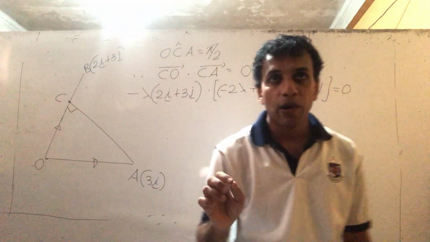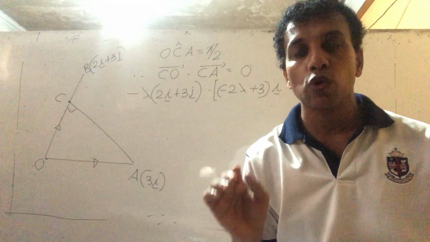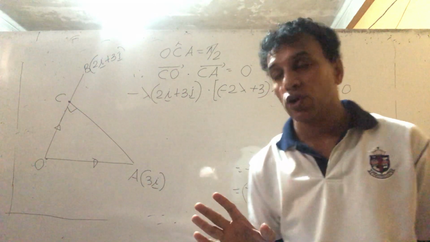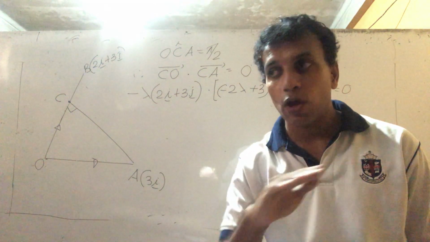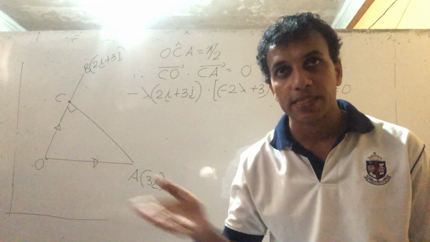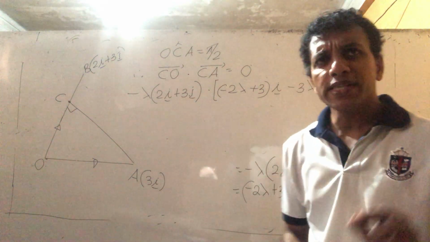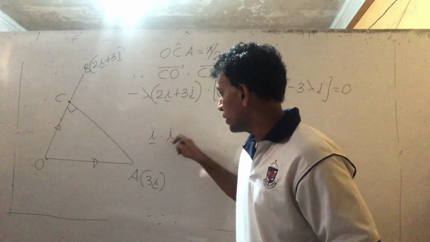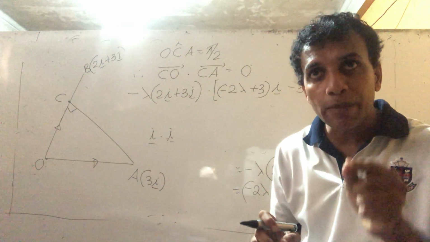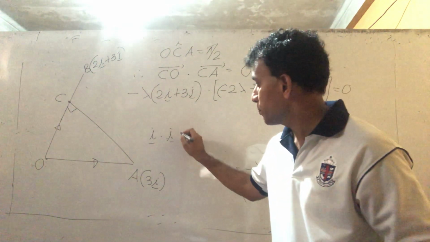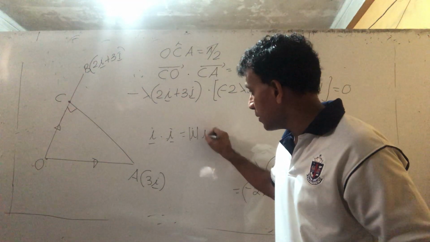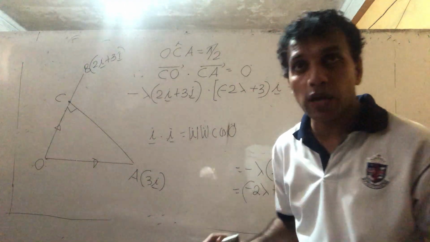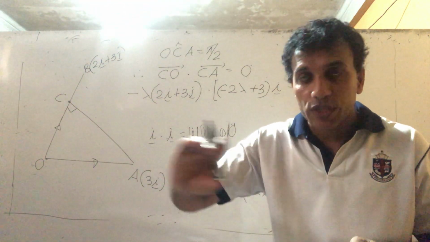In the question, the usual notation is i, j, k. Here there is no k, only i and j. They are unit vectors along the respective axes, the x-axis and y-axis. So what is i dot i? The dot product of the same unit vector is mod i into mod i into cos 0, since both vectors are along the same straight line.